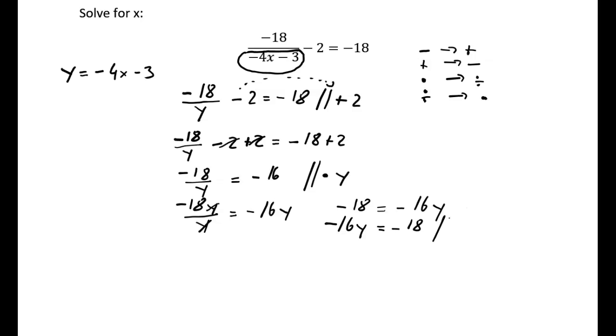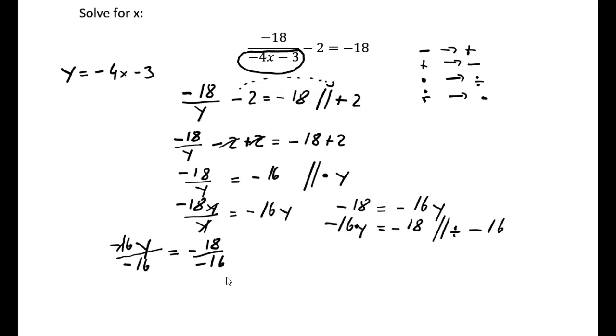And what we can do with this now is divide, because that is a multiplication. We divide by the factor that's in front of the y, by negative 16, and we get negative 16y over negative 16 equals negative 18 over negative 16.